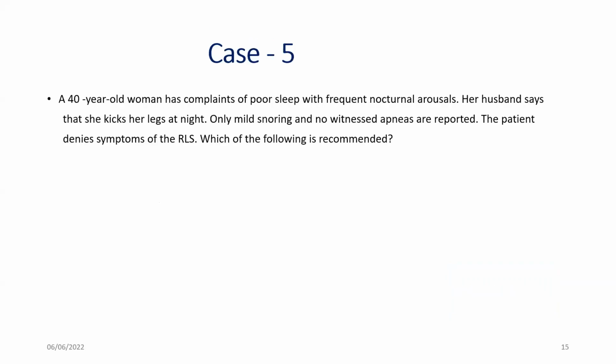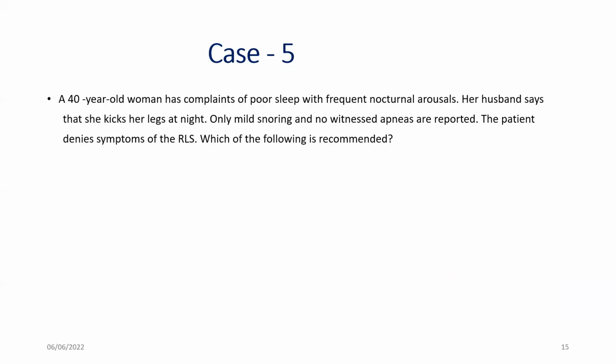So, case 5. A 40-year-old woman has complaints of poor sleep with frequent nocturnal arousals. Her husband says that she kicks her legs at night. Only mild snoring and no witnessed apnea are reported. The patient denies symptoms of RLS. So, which of the following is recommended?